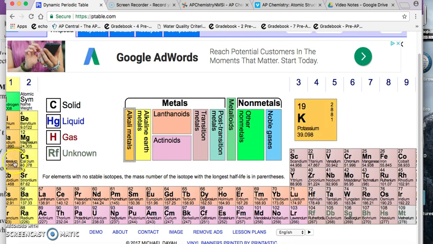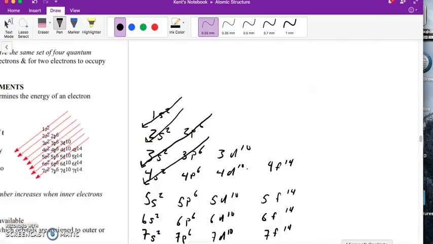The 4s are farther out than the 3d ones. The 3d are higher energy but closer in than the 4s. So we filled the 4s, then the 3d ones, then the 4p ones, then the 5s ones.